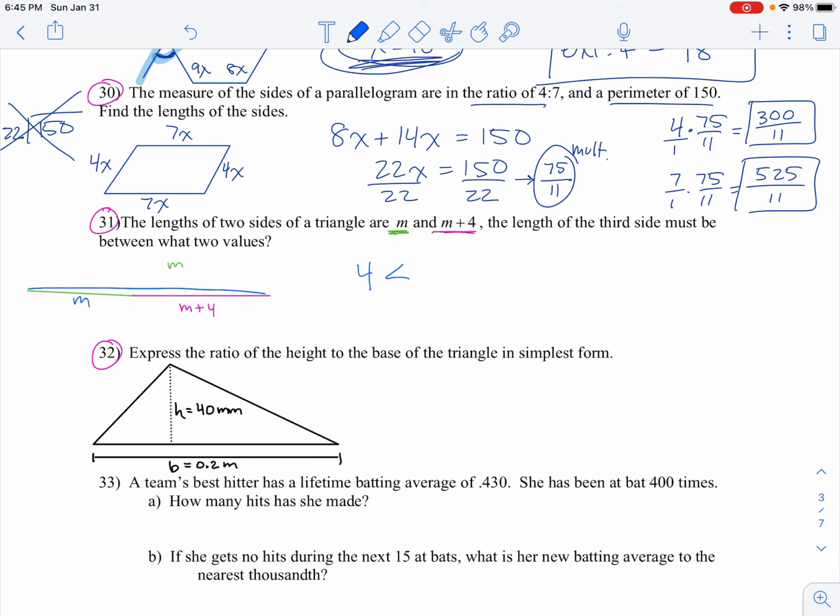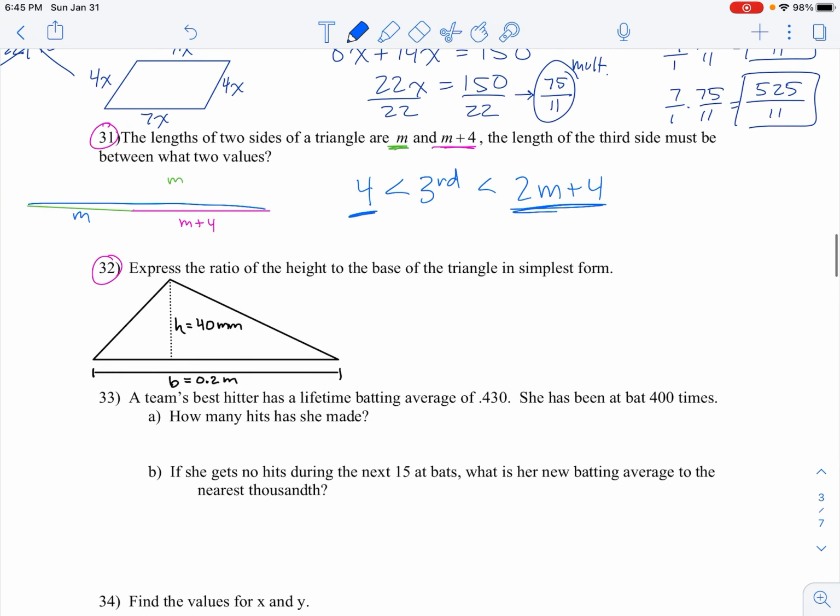Well, it can't be m plus 4, but that's going to be my max. I can be ever so slightly smaller than that, so it will be 2m plus 4. So I'm going to be in between 4 and 2m plus 4. That's how you want to think about it for each one.